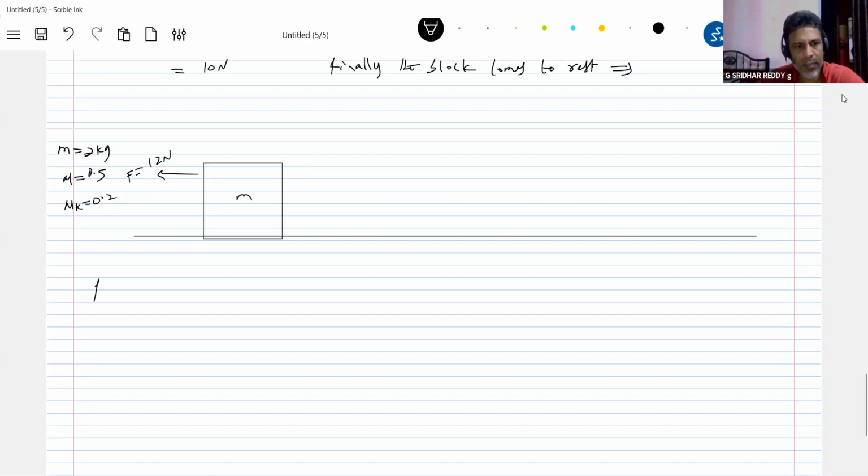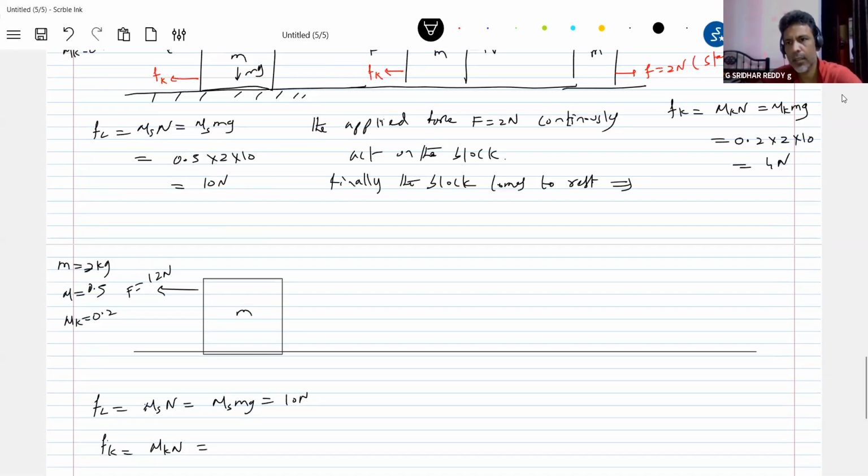And the values will be same, no? F limiting equal to mu s N, mu s mg, 10 Newton. What is Fk? Mu k N, 4 Newton.